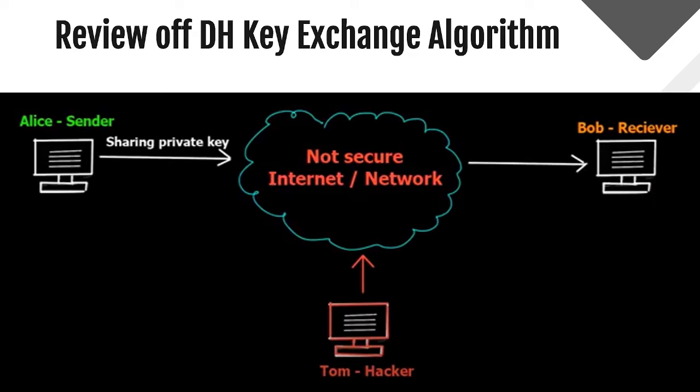As we can see in the diagram, let's say Alice stays in the US and Bob stays in Bangladesh. Now they want to communicate and they know that the network is not secure. So they want to perform symmetric key cryptography.